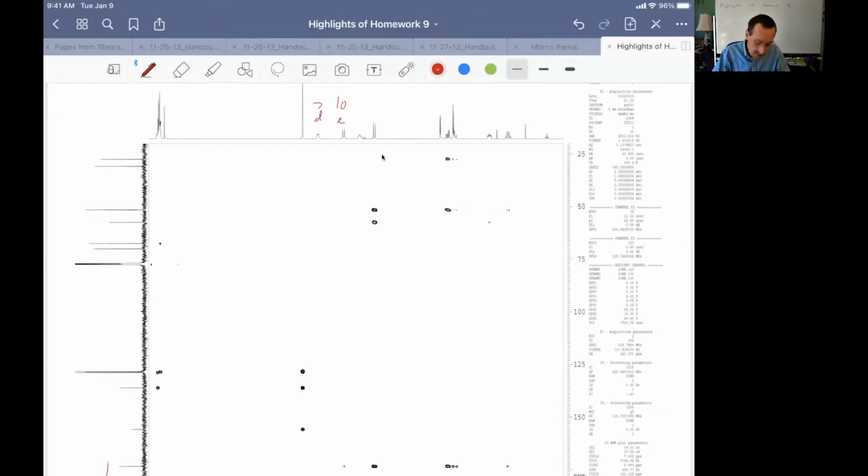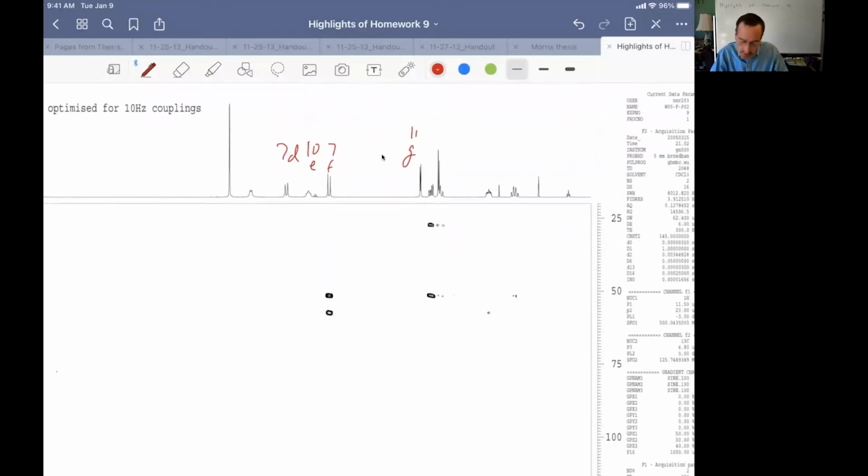Whoops, I think I missed my numbering here. We have 7D and 10E and 7F and 11G. These are those doublets I was talking about, those isolated methylenes.